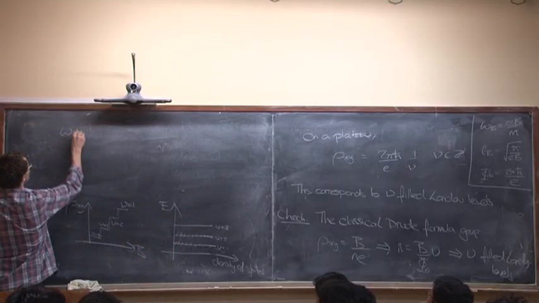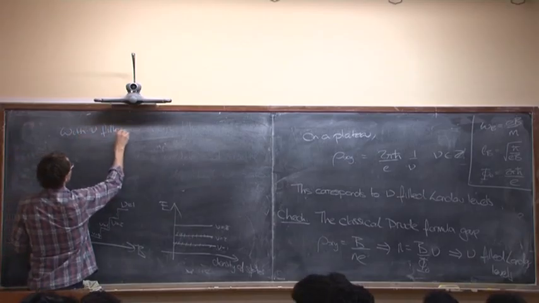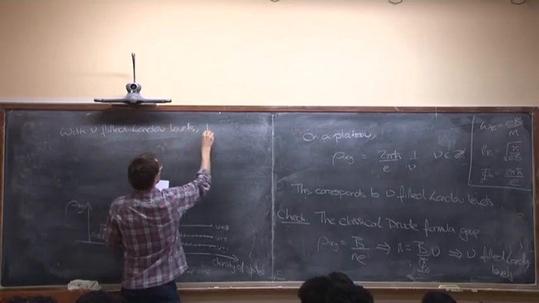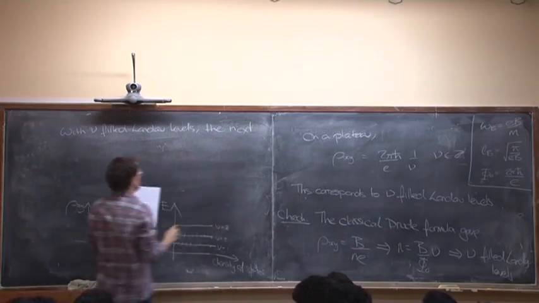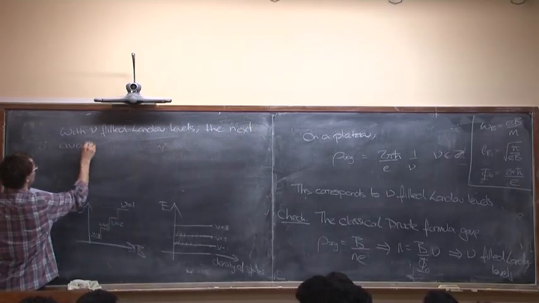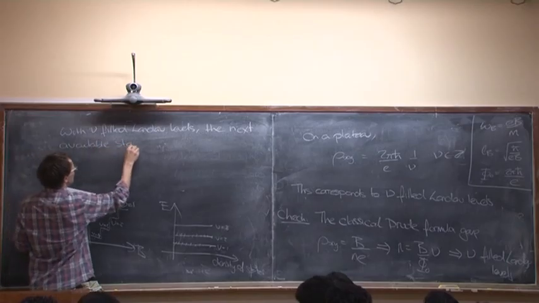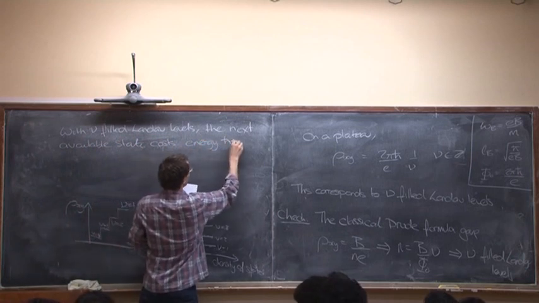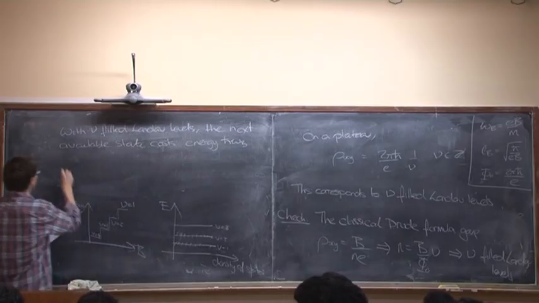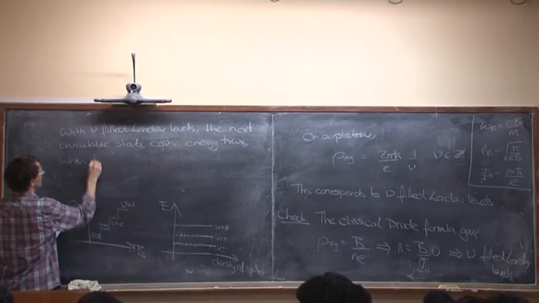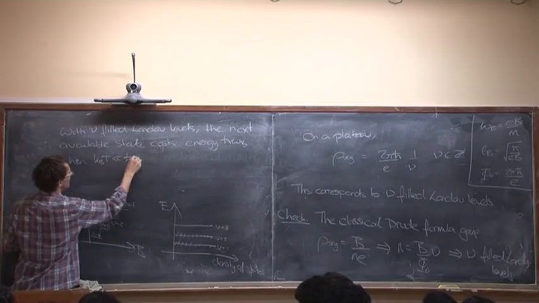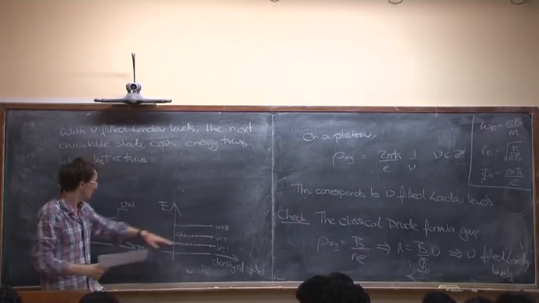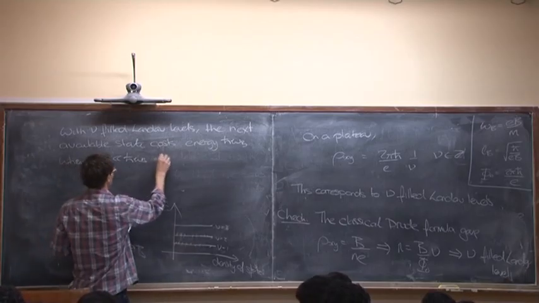So when you fill the Landau levels, the next available state costs energy h bar omega B. And so as long as you're at small temperatures, so you don't have enough thermal energy to excite this system, you're stuck here, and we have an insulator.